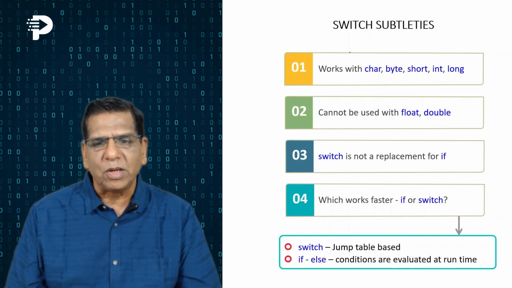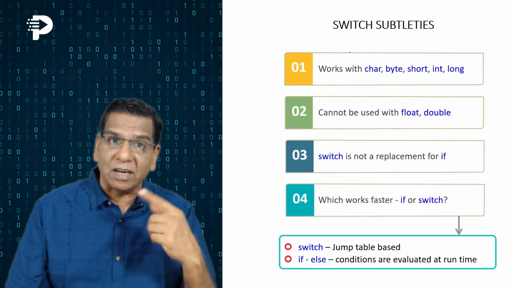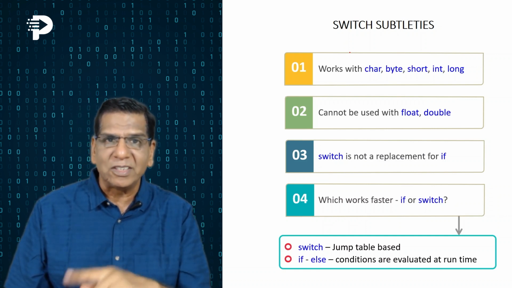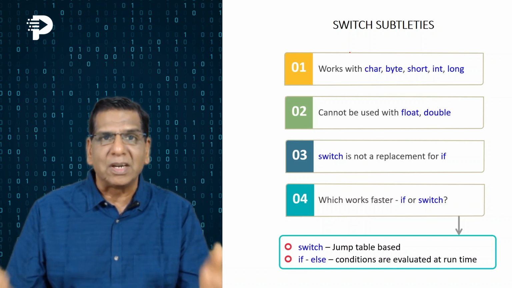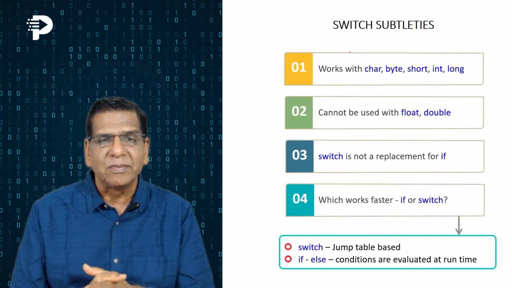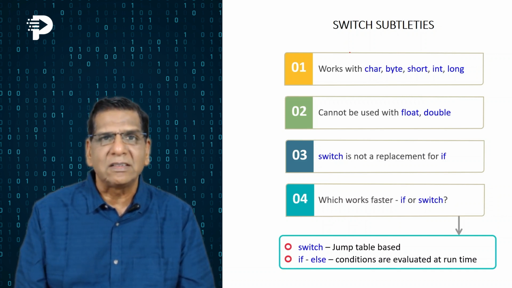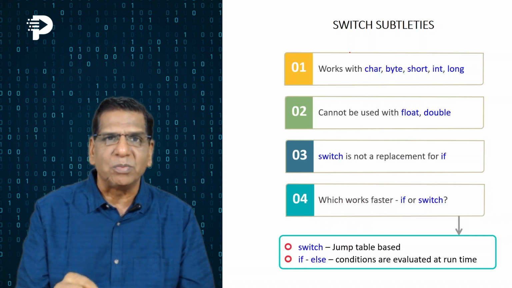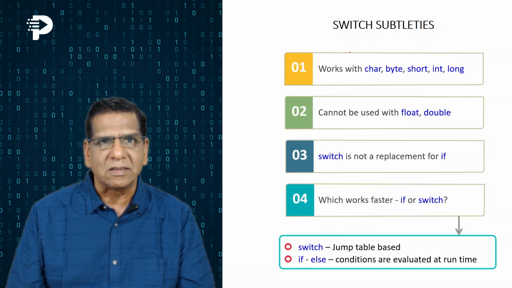As against that, if you make use of if and else, the conditions of if and else are evaluated at runtime. So time will be wasted in doing this. Especially if the big instructions are there, big conditions combined using and or operators. If that is what you have used, all these conditions would be evaluated at execution time. In that sense, you should always go for a switch because that's likely to run faster than corresponding if and else.